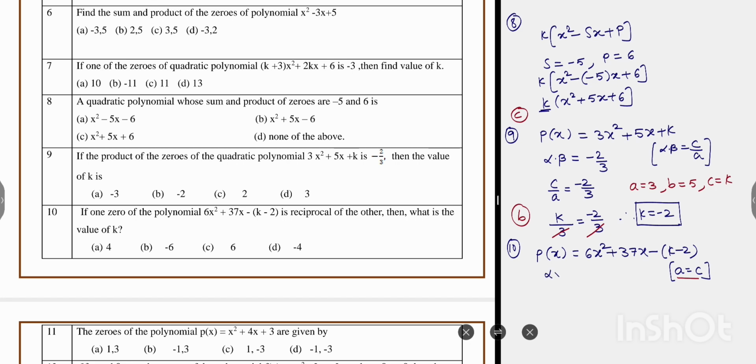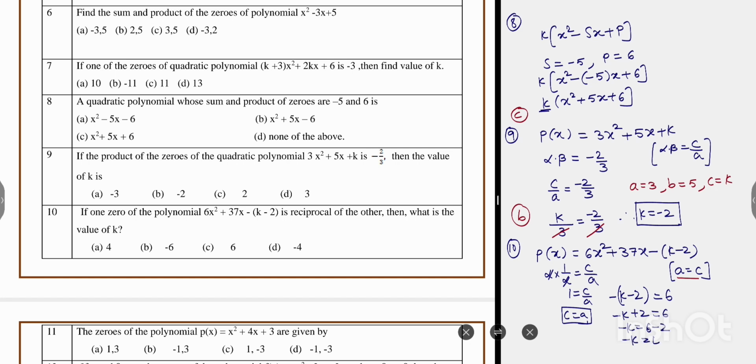How? Alpha into 1 by alpha is equal to C by A. Here alpha will be cancelled. So we get 1 is equal to C by A. So we get C is equal to A. You have to remember this from now onwards. If one zero is the reciprocal of the other, C is equal to A. Now substitute that C is equal to A. C is minus of K minus 2 is equal to A, which is 6. So minus K plus 2 is equal to 6. So minus K is equal to 6 minus 2.